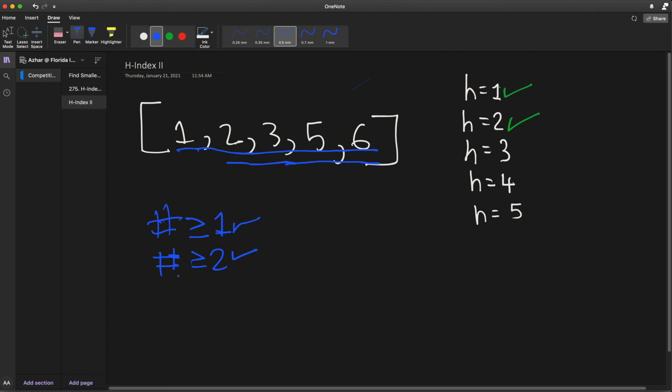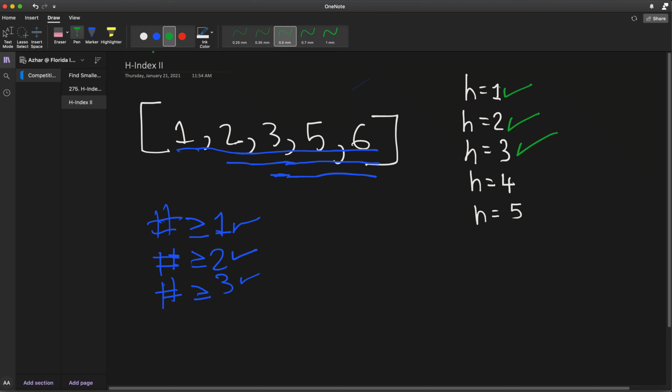Now let's see, are there at least 3 values that are greater than or equal to 3? We'll say there's 3, 5, and 6. So there's 3 of these numbers here, so this is true, and therefore there is also an h index of 3.